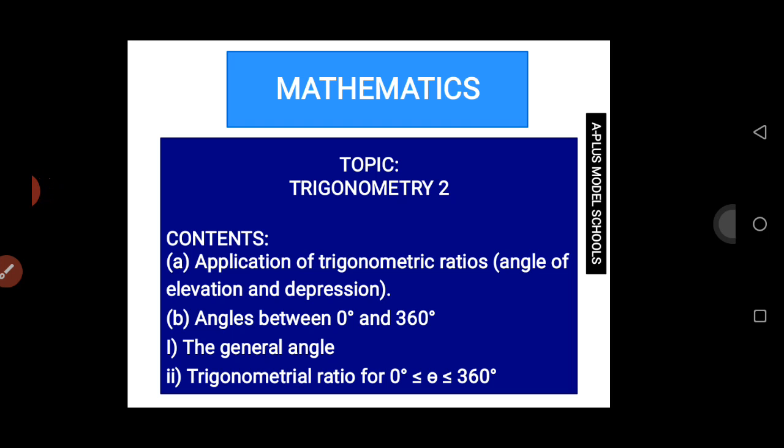We also looked at the value of the trig ratios. We looked at sine 30, 45, and 60. We also looked at cos 30, cos 45, and cos 60. And we also looked at tan 30, tan 45, and tan 60.